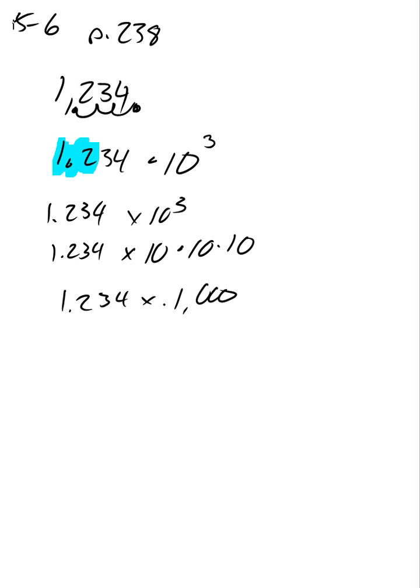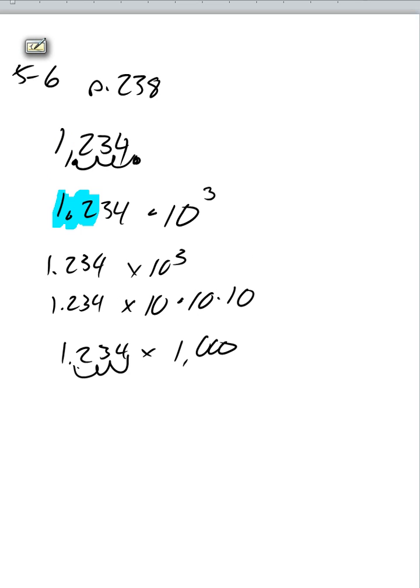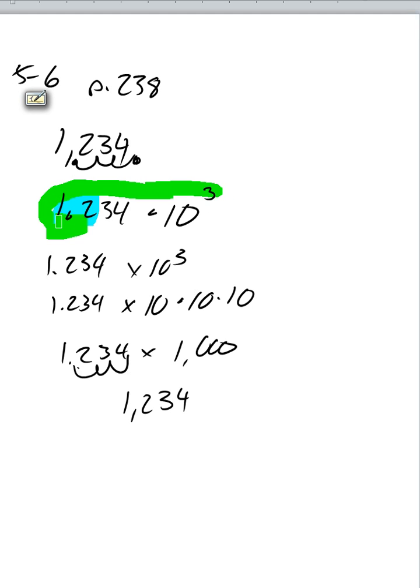To get back to my answer, I take this times 1,000, so I'm just moving the decimal point over 3 to the right, ending up with what we started with, 1,234. But the main thing right now is we want our answer in scientific notation, which would be it right there.